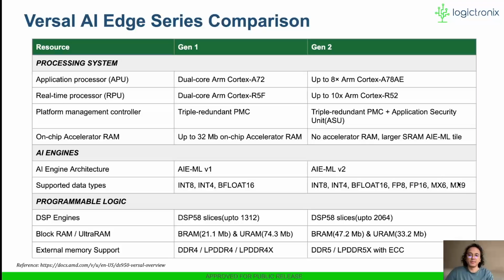All these data types are natively supported. On the DSP engine side, the DSP58 architecture remains the same, but the number of slices has been increased up to 2064. The external memory support was previously only up to DDR4, while in Gen 2 it is up to DDR5.